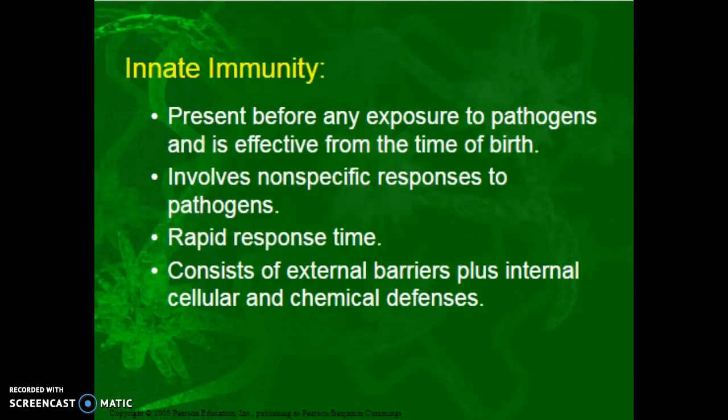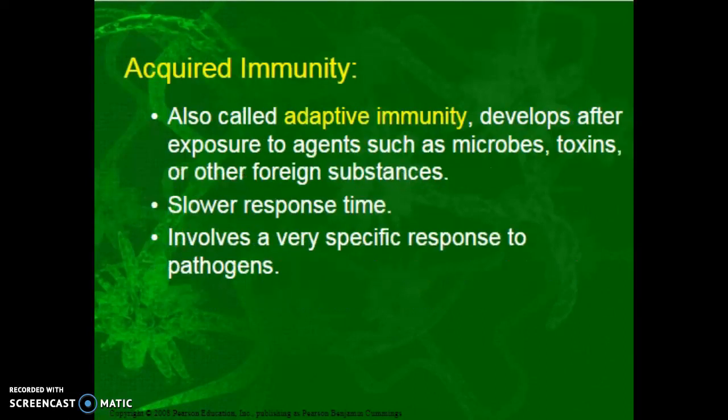It's not specific to one pathogen. It's not like E. coli is selectively blocked by your skin. It just provides a barrier. Those response times are going to be really quick because they're general defenses. They aren't something where you have to build an antibody or something along those lines to attack a specific pathogen.